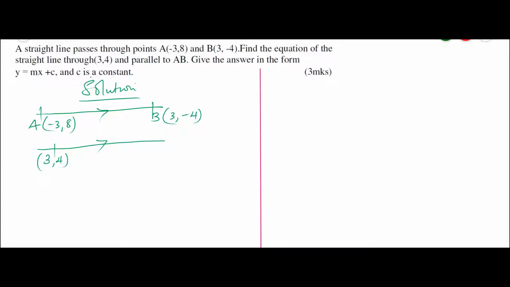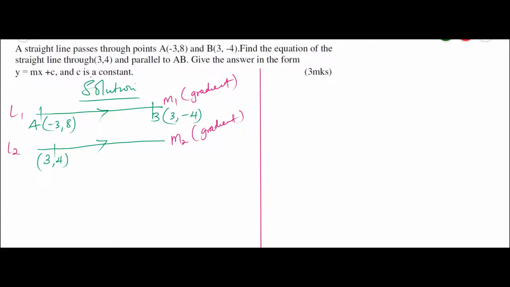We can call the gradient of this line M1, and the gradient of the other line M2. This one is line 1, and this one is line 2.